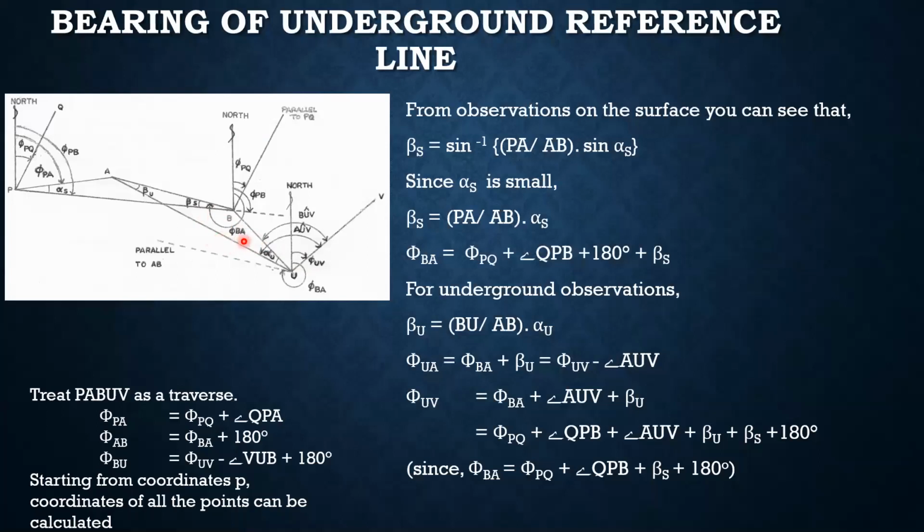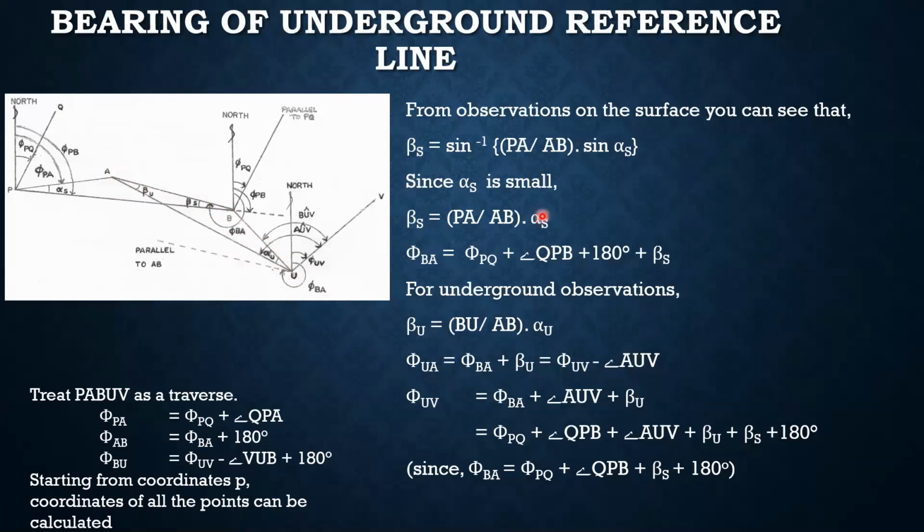For underground observations, you can find the relationship between beta U and alpha U if you apply the same sine rule to this ABU triangle. You can see that there is a triangle ABU. Now, if you apply the sine rule and find beta U with respect to alpha U, you will come up with an equation like this.